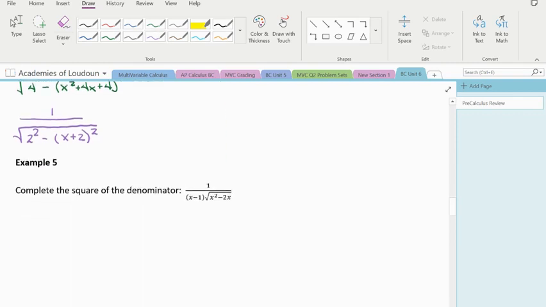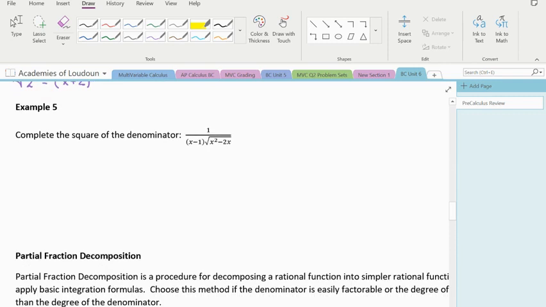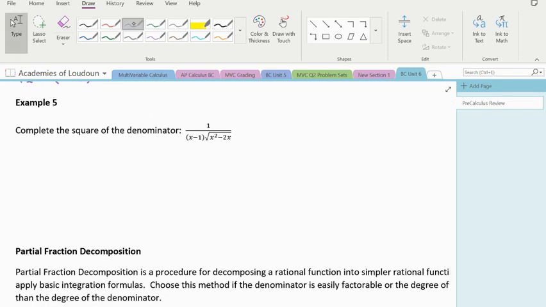All right, and then our last example is going to be another one where we're completing the square inside the square root. So we have 1 over x minus 1 times the square root of x squared minus 2x. I'm going to take, again, the middle term here, divide by 2. I get 1, square it. I have plus 1, and then minus 1.